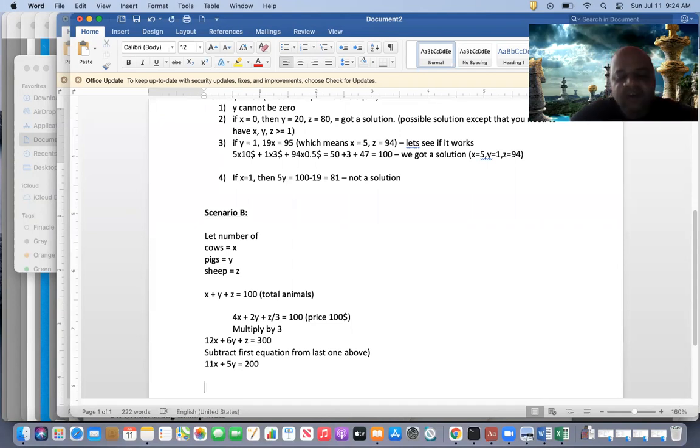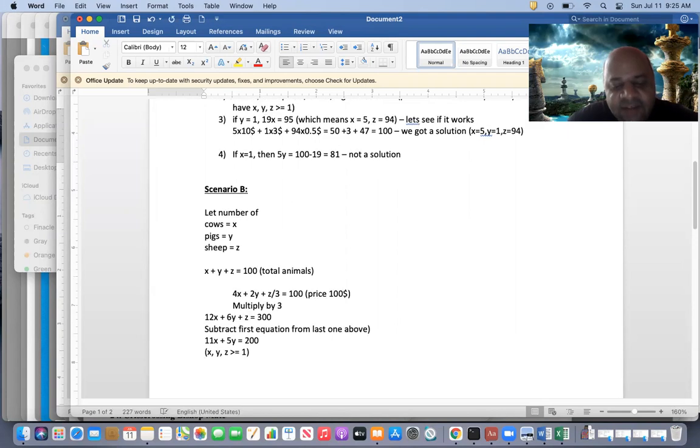Again, what are the conditions given? You have to buy at least one cow and at least one pig. You cannot go to 0, and anyway you cannot go negative. So x, y, and z are all greater than or equal to 1. They cannot be less than that.